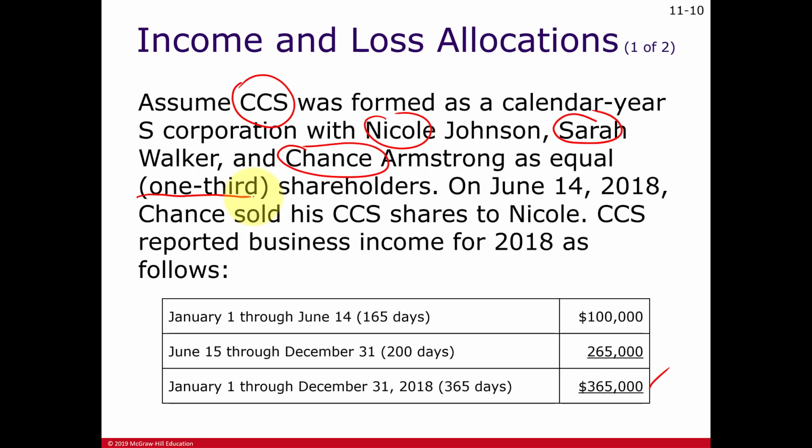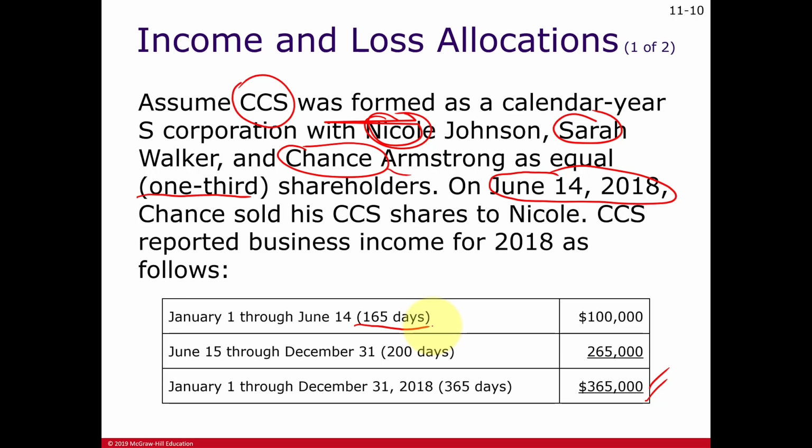So if they've held their shares evenly throughout the whole year, all we would do is divide up this 365 by 3. But we're told that Chance is going to sell his stock to Nicole on this date here, June 14th. So Chance is a shareholder for 165 days during the year.